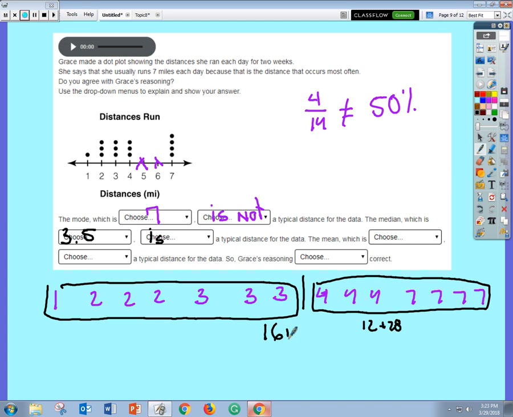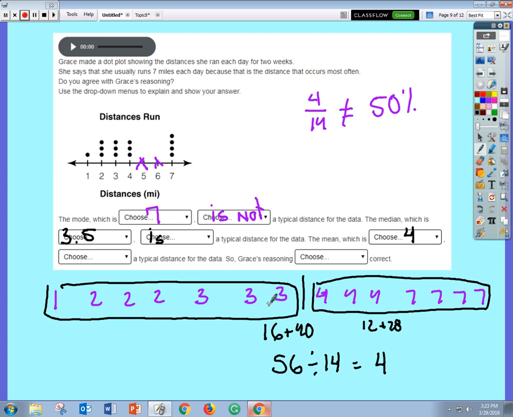That gives me plus 40. That gives me 56. All right, let me just make that a little nicer there. 56. We divide that by 14. 56 divided by 14 is equal to 4. So the mean is 4.